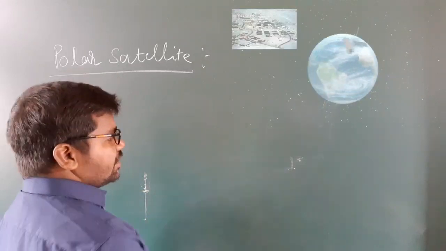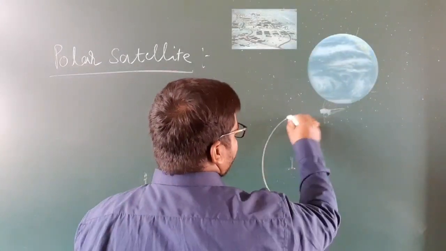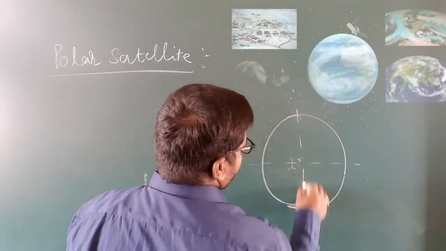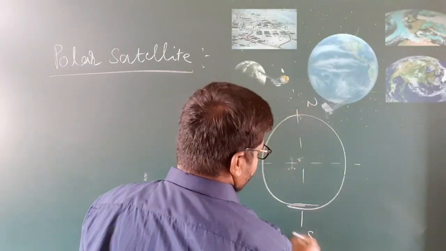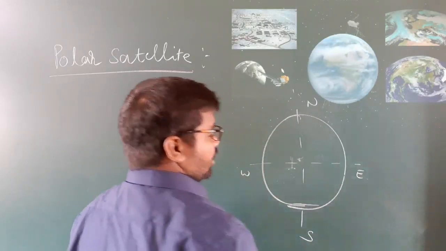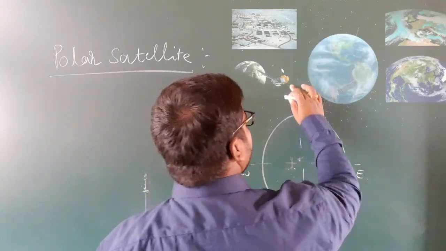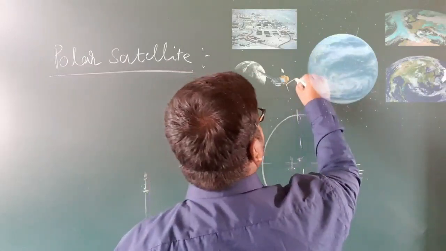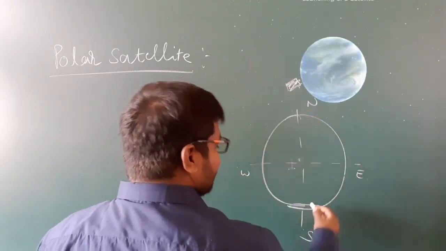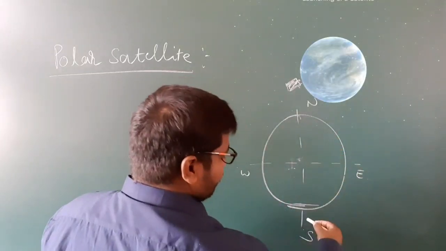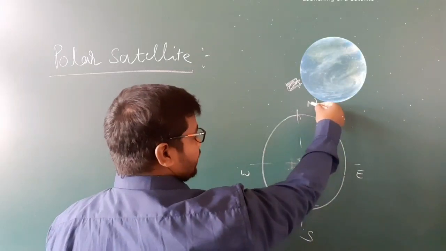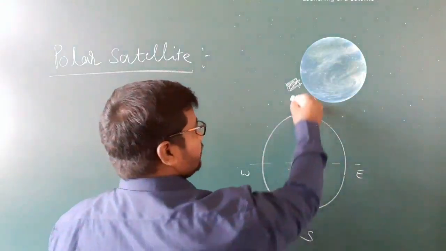Understand, my children? See here, this is the Earth's surface. We know north and south, east and west. In this case, the satellite revolves around the Earth based on north and south, like this: from south to north, and on the outside of the Earth, north to south.